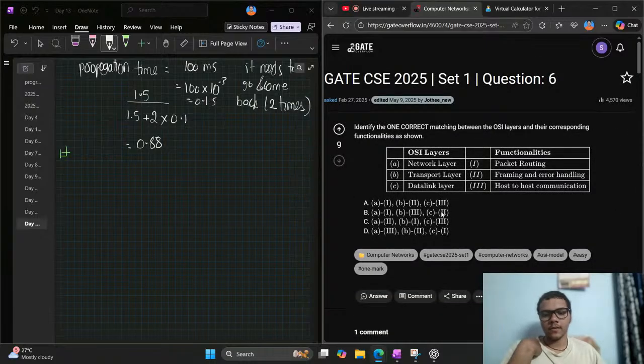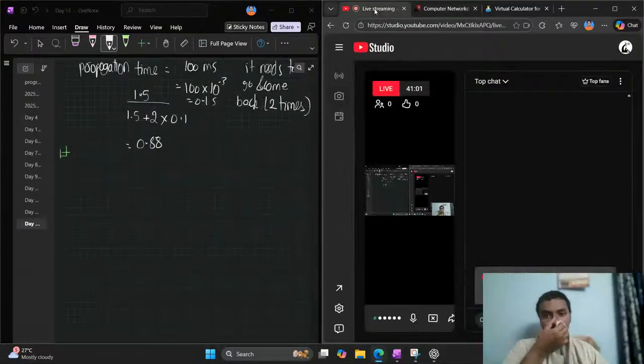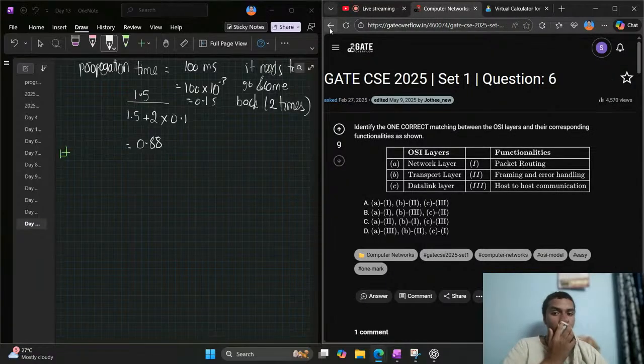So you just need to know what C does. That is the basic things of OSI stack, like open source interconnection.